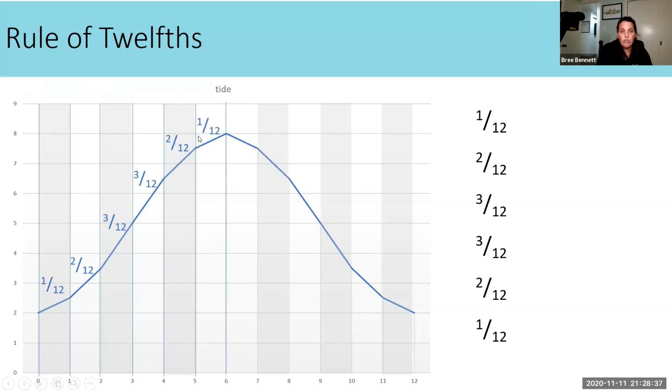Then it slows down with 2/12 back to 1/12. So we have this 1, 2, 3, 3, 2, 1 pattern of 12ths per hour. We're going to keep that pattern in mind: 1, 2, 3, 3, 2, 1.